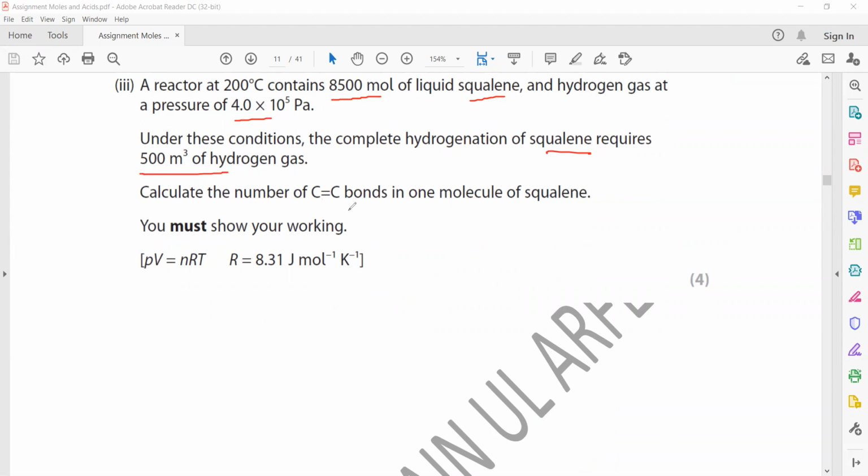Calculate the number of double bonds in one molecule of squalene. Basically, if we can work out the number of moles of hydrogen, we can work out the number of double bonds, because one mole of hydrogen reacts with one double bond. So if we know the number of moles of hydrogen, we can work out the number of double bonds present in this squalene.